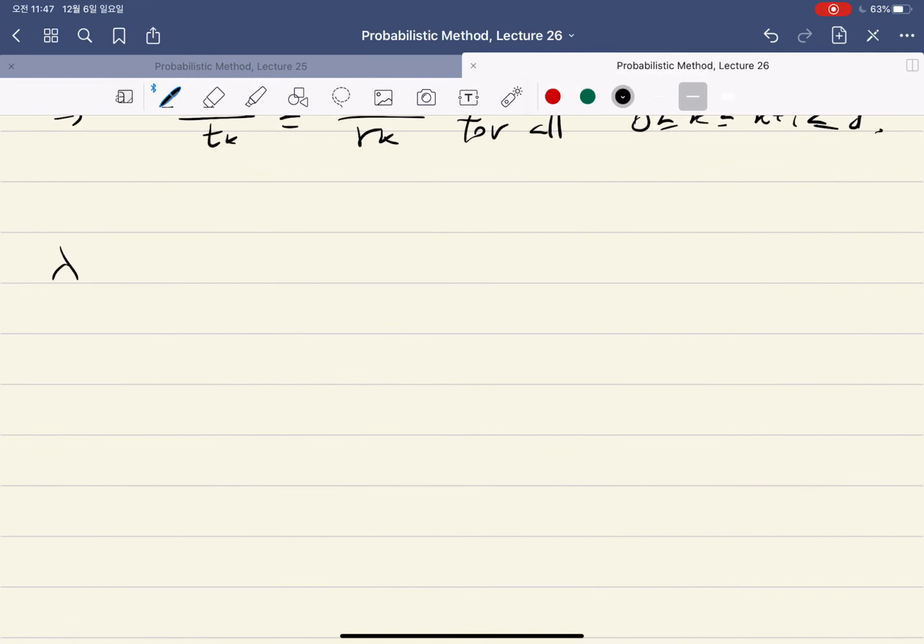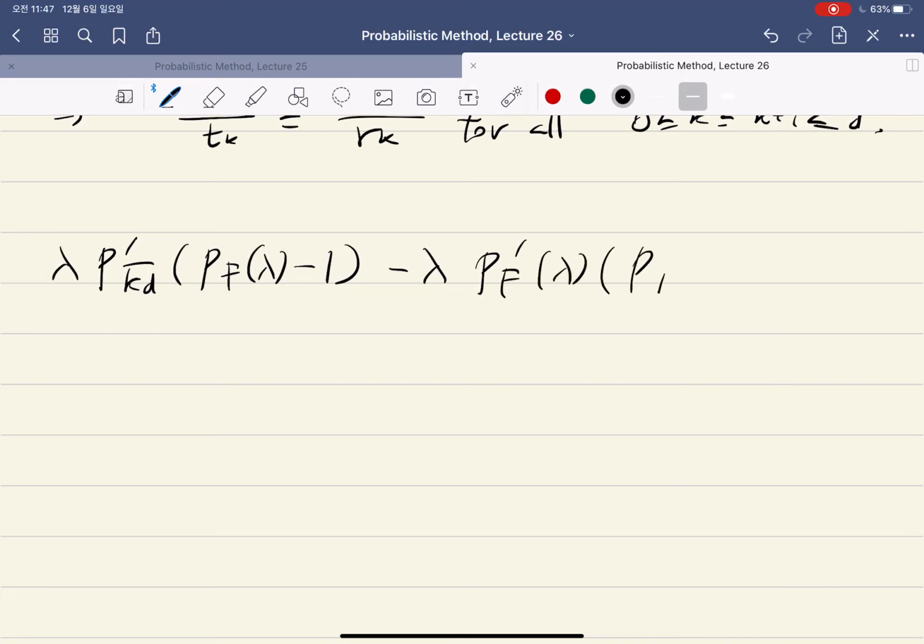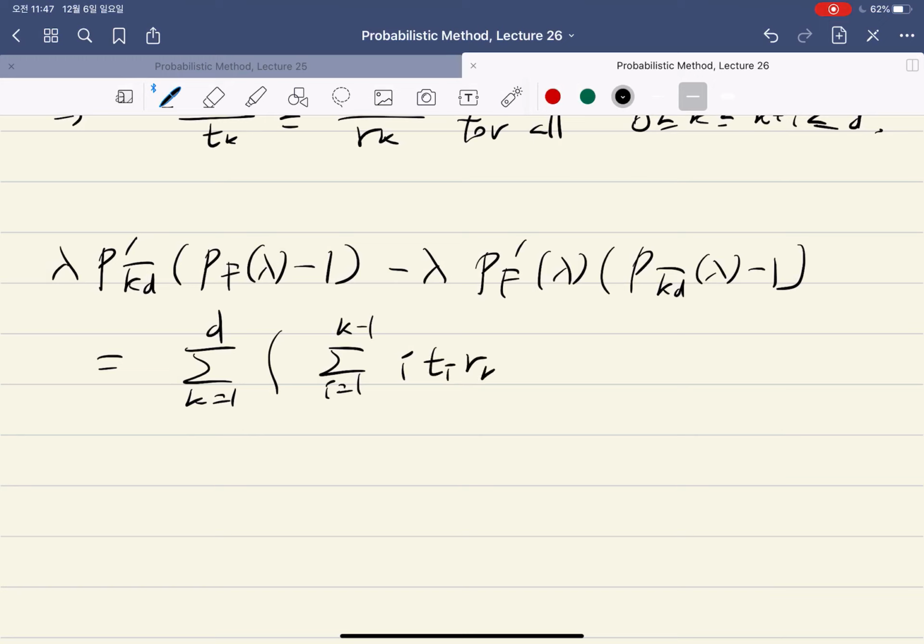For proving that, what we have to check is that this is non-negative. But we can write it as some expression.